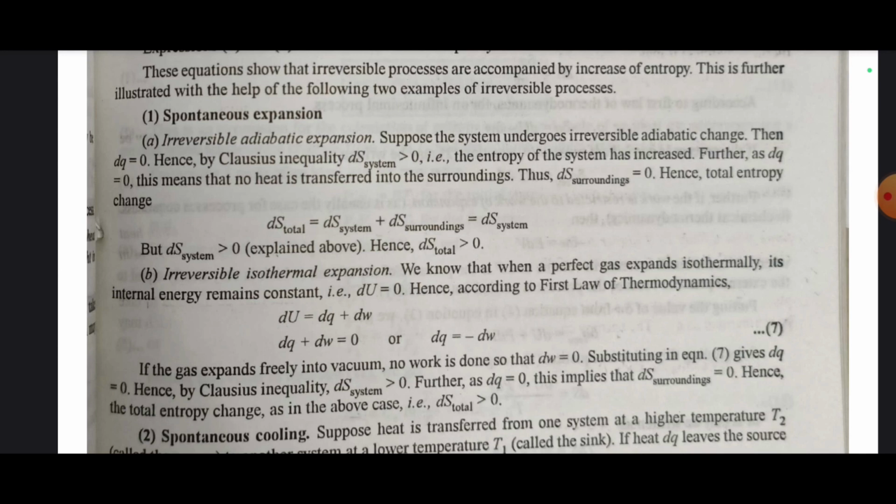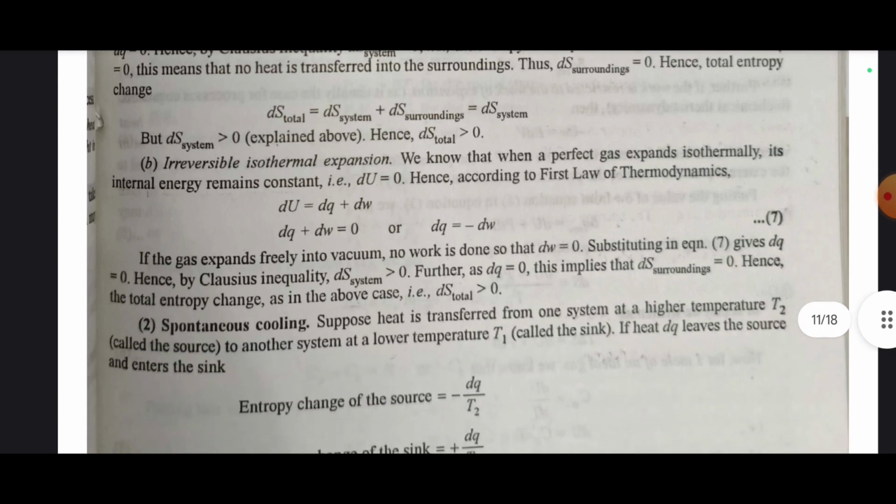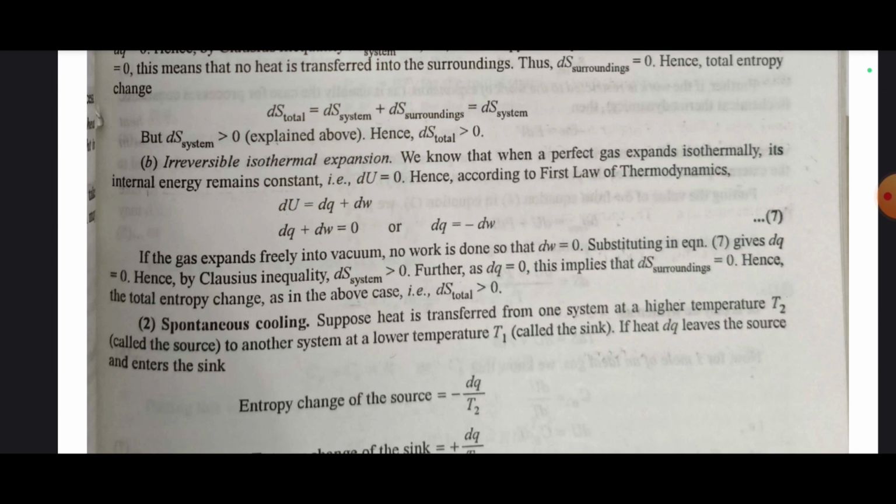B. Irreversible isothermal expansion. We know that when a perfect gas expands isothermally, its internal energy remains constant, that is, dU is equal to 0. Hence, according to the first law of thermodynamics, dU is equal to dq plus dw, that is, dq is equal to minus dw. If the gas expands freely into vacuum, no work is done, so that dw is equal to 0.